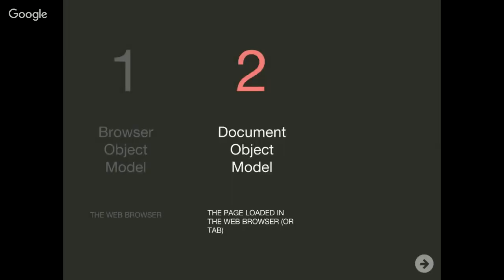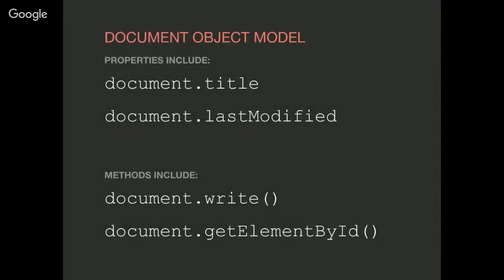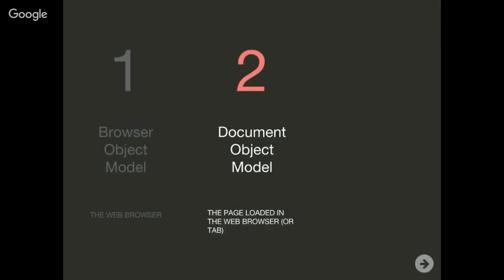Secondly, we are already working with objects that are part of the document object model. When we call document.getElementById, these are the built-in objects of the document object model. This is essentially the page which is loaded in the browser. When we say document, what do we actually mean? We mean the page that is loaded in the browser, or in the tab.